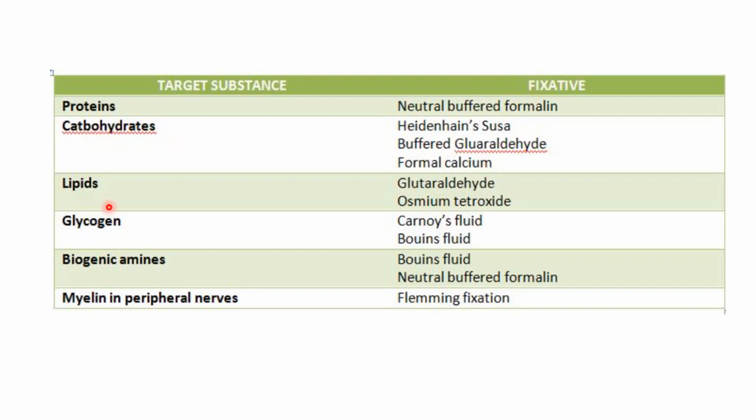Then lipids can be preserved by glutaraldehyde or osmium tetroxide. Glycogen can be preserved by Carnoy's fluid or Bouin's fluid. Biogenic amines, the amines of protein amino acids, can be preserved by neutral buffered formalin. And the myelin sheath of nerves can be preserved by Fleming's fluid.